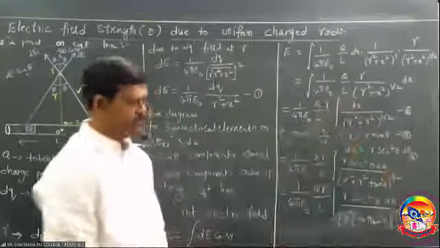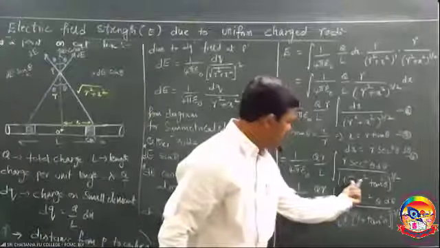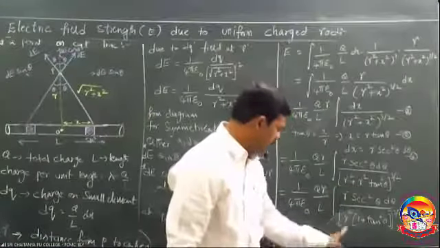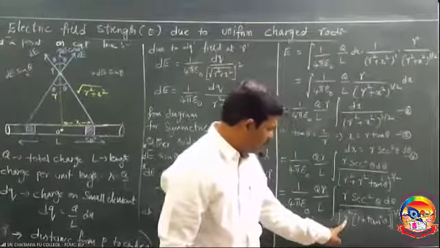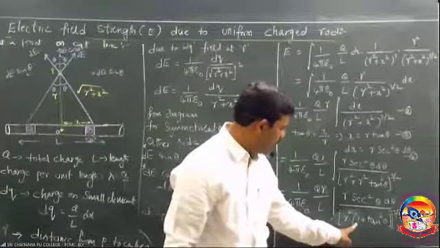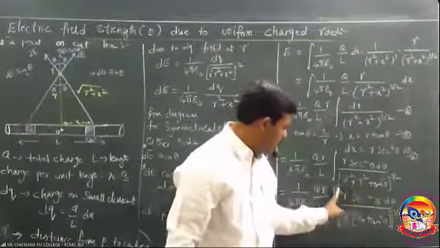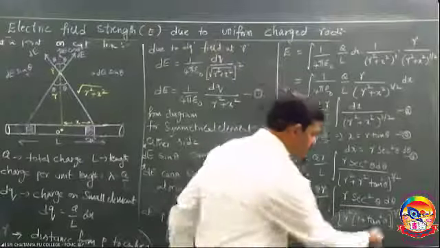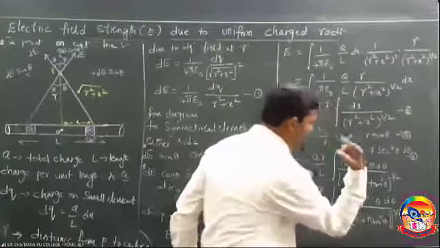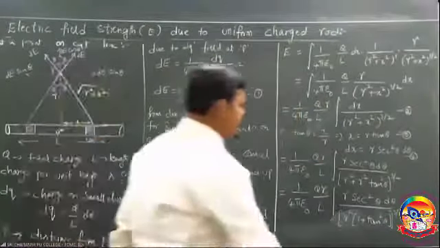Is it okay? In this r square is there, in this r square is there, so I took that r square out. Here 1, here r square comes out, tan square theta, whole power 3 by 2. Right?